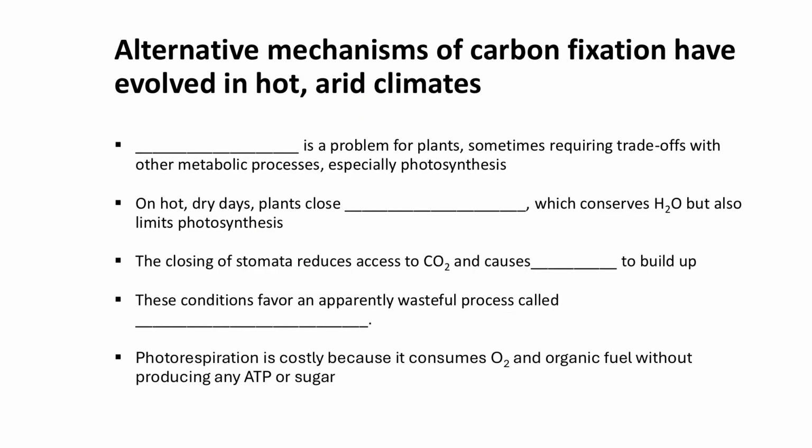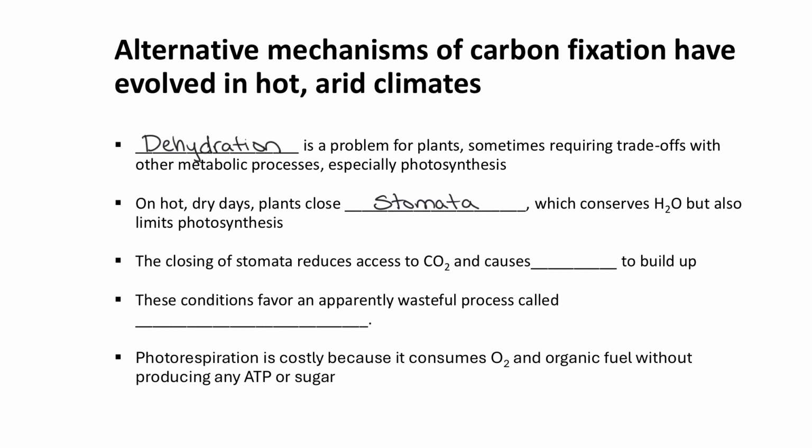What happens when the plant doesn't have enough resources to be able to do these different light dependent and independent reactions that we've been talking about? Dehydration is a problem for plants, sometimes requiring trade-offs with other metabolic processes, especially photosynthesis. On hot, dry days, plants are going to close their stomata. This is going to help to conserve water, but it also limits photosynthesis.